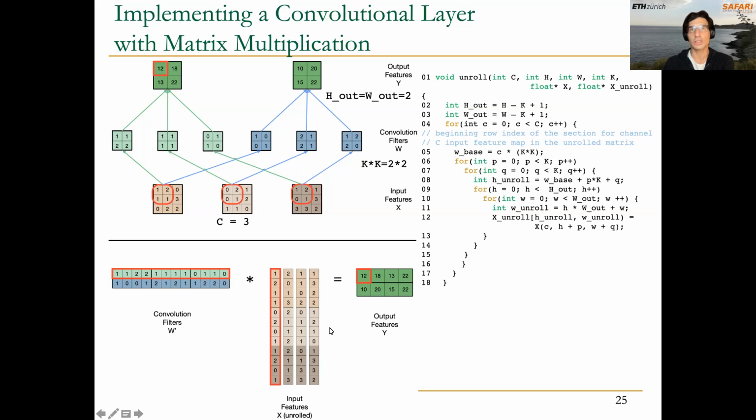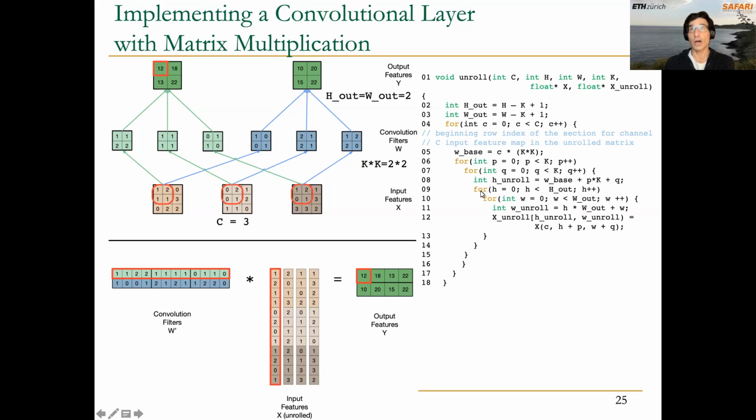And now to calculate the second index that we need to access the unroll matrix, we need this W unroll. And this W unroll is given by H times W out plus W, because the exact column where one specific pixel of the input features is going to reside depends on the specific element of the output feature maps that we are calculating.